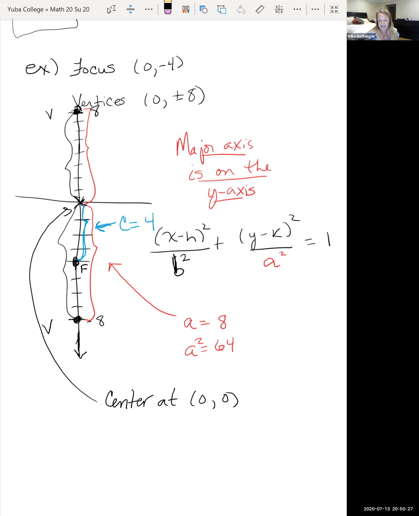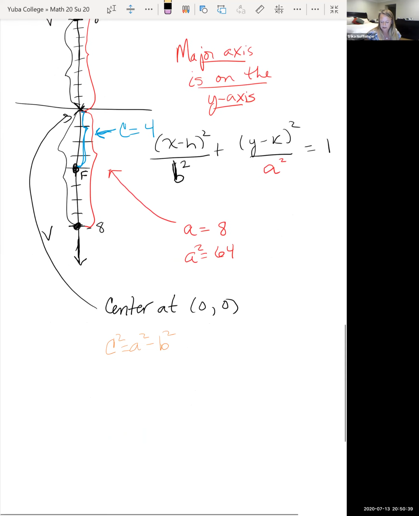We know what A and C are. We have the formula that says that C squared equals A squared minus B squared. So C we said was 4. So we have 4 squared is equal to A squared, which is 64.